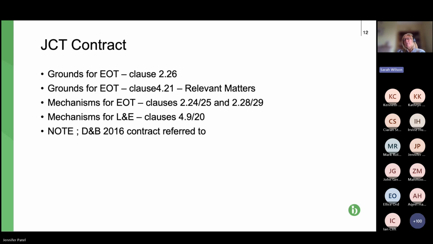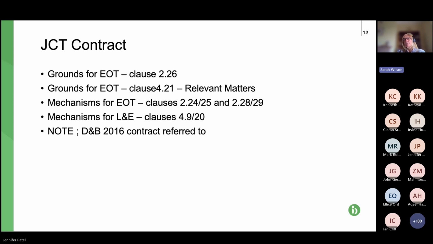So basically you have three areas that you've got to look at: the changes or variations clause, dealing with any change instructed; the grounds for the extension of time, which are clause 2.26; and the money relating to the extension of time, which is at 4.21. So you've got to check the three areas of the contract.